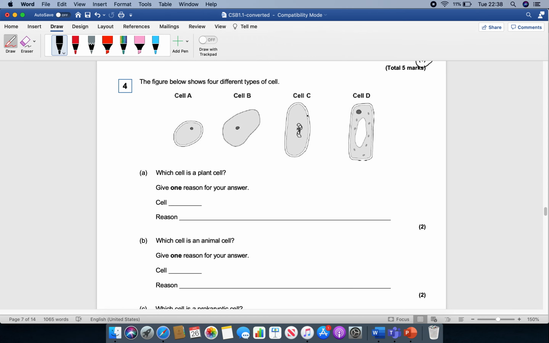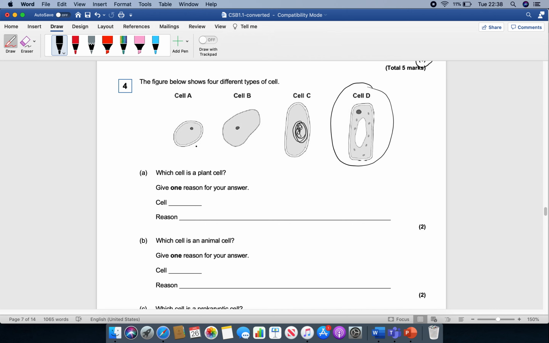The figure below shows 4 different types of cells: cell A, B, C, and D. Which cell is a plant cell? Give one reason for your answer. This one will be the correct answer because it has a nucleus, the cell wall, the cell membrane, and the vacuole in the middle. This one doesn't have the DNA in the nucleus, so it won't be that.